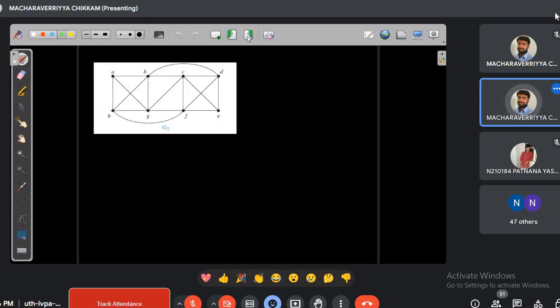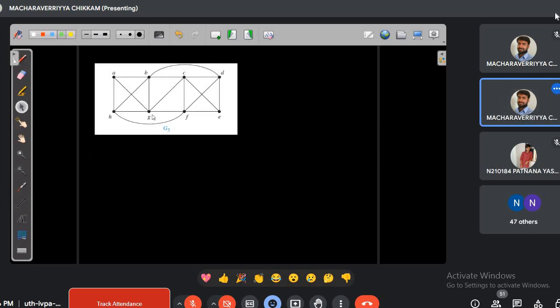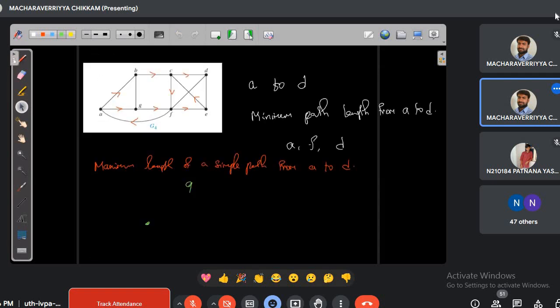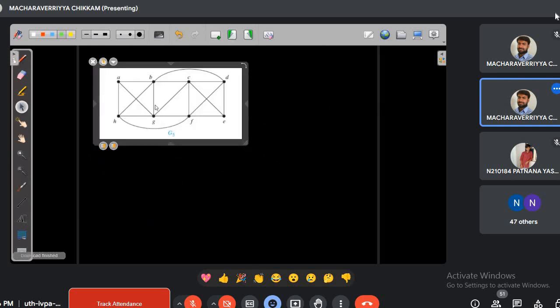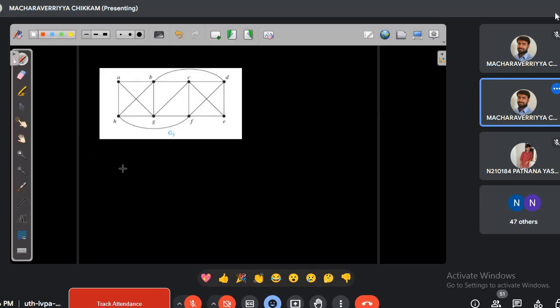Now let me take some interesting graph here. This one. What if I take A, B, C, G, D? Is it a path?